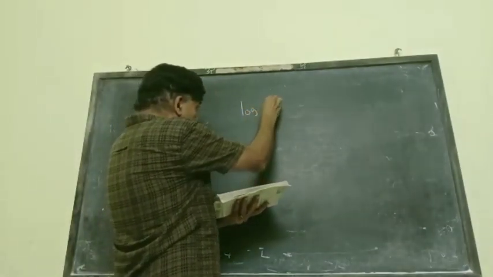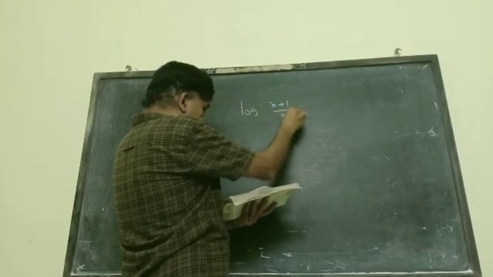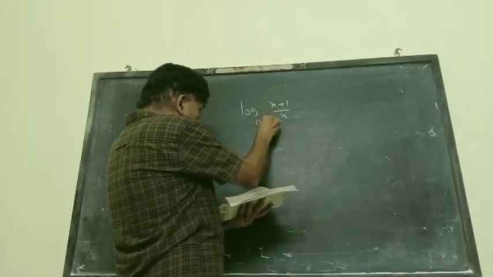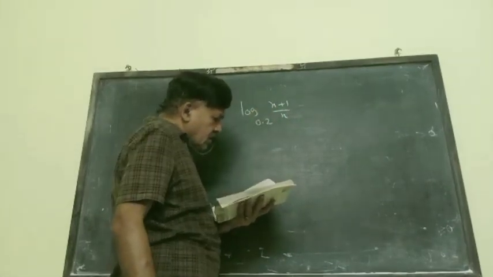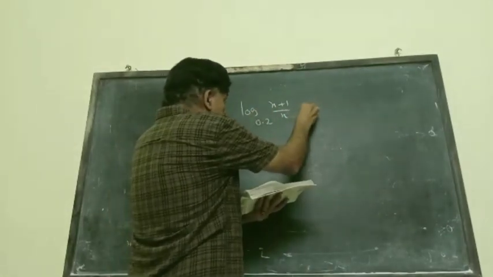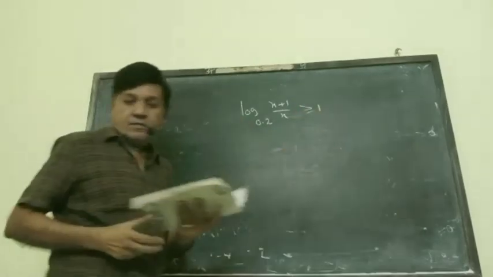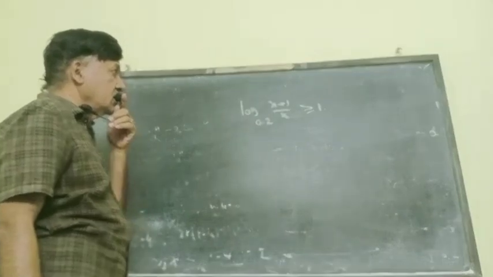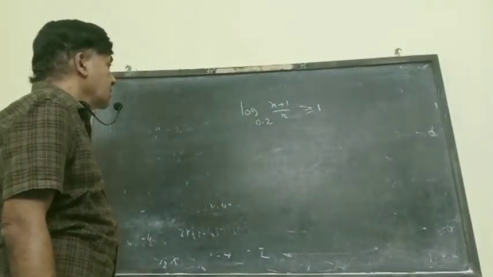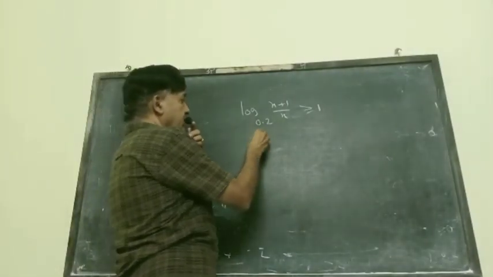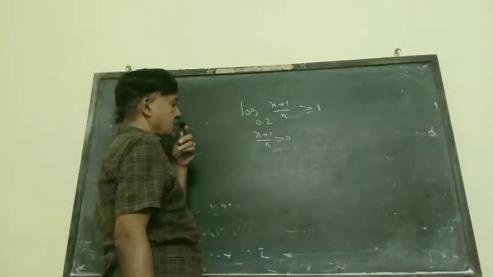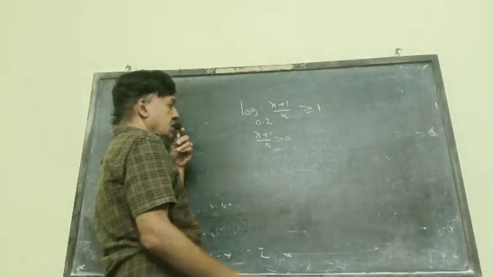Log of x plus 1 by x to base 0.2 greater than or equal to 1. This is our next question. See, first of all, x plus 1 by x must be positive, right?